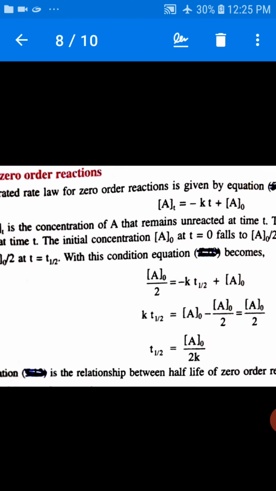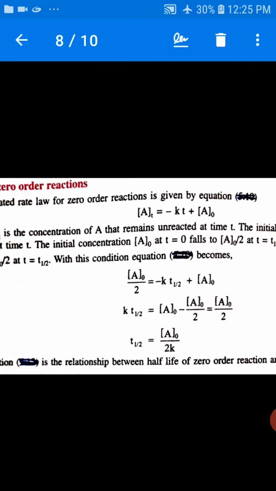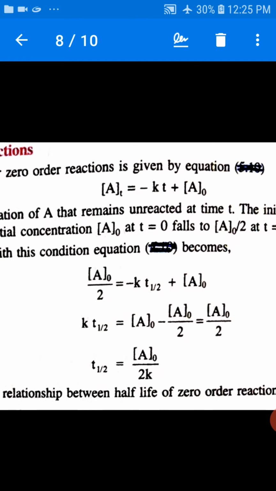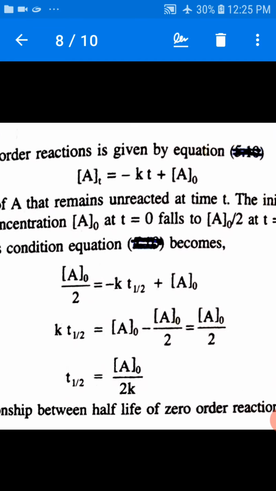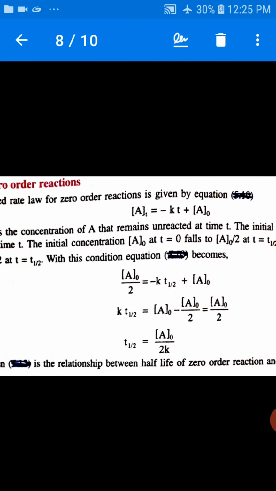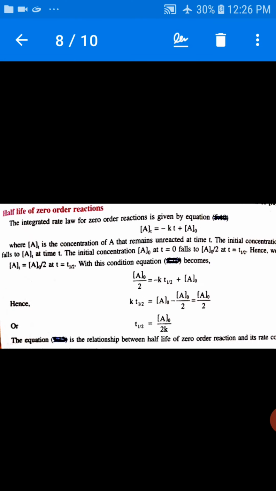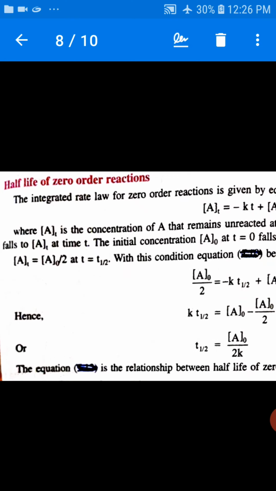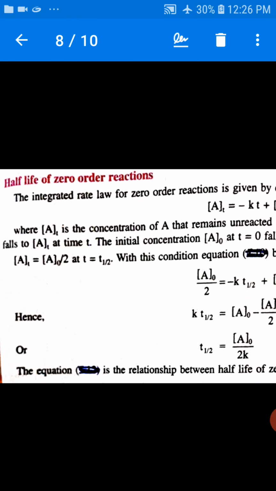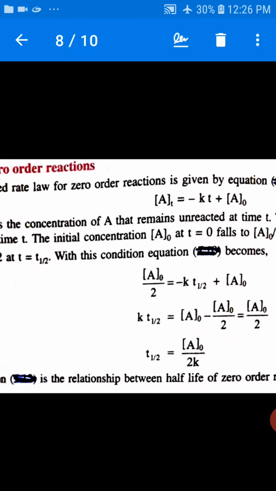The initial concentration A0 at time 0 falls to A0 upon 2, that means it becomes half at time t equal to t half, therefore At equal to A0 upon 2 at time t half.